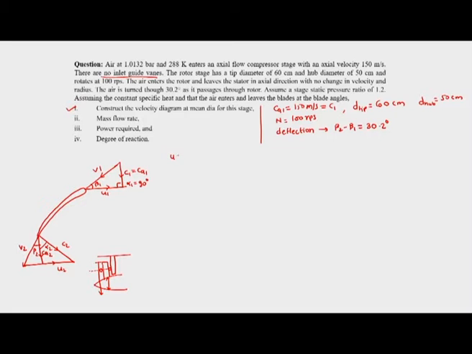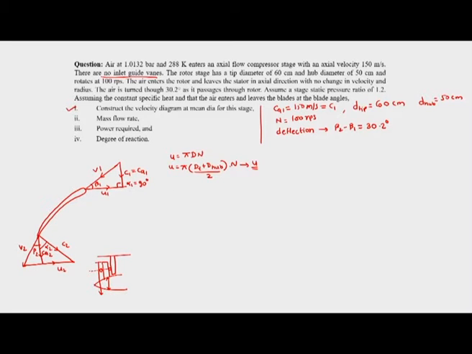So U is equal to pi D N. We would have used a division by 60 in this formula if N were given in rpm, but N is given in rps. So here we can use U as pi times (d tip plus d hub) by 2 times N. We know N, we know these two diameters, so we can find U from here.